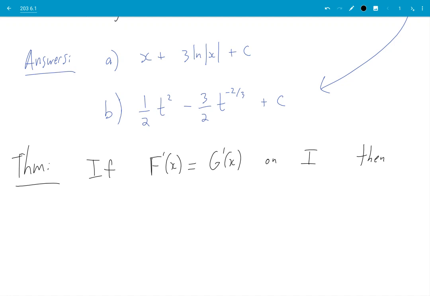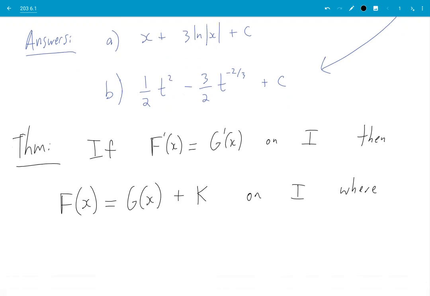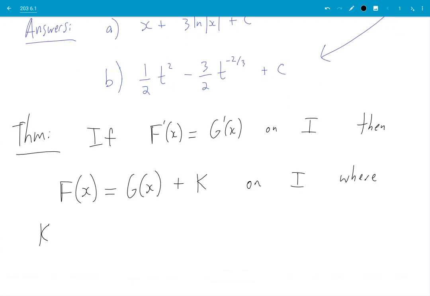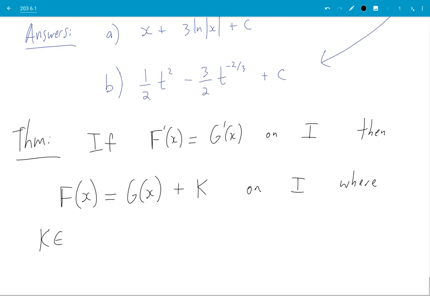Well, they aren't necessarily going to be equal, but they will differ by just some constant. The constant being, so we're going to say k, is some real number.